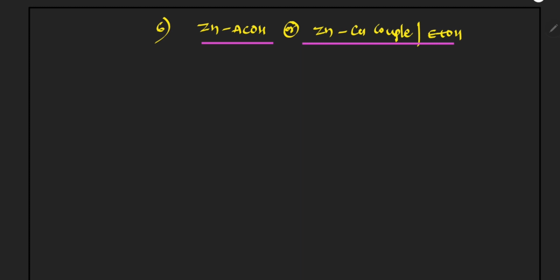The reagent is zinc and acetic acid or zinc copper couple in hydrochloric acid. What is the reagent? Zinc and acetic acid and zinc copper couple in ethanol. Yes, this reagent is mainly used for the reduction of alkyl halide. See, alkyl halides are converted to alkane.